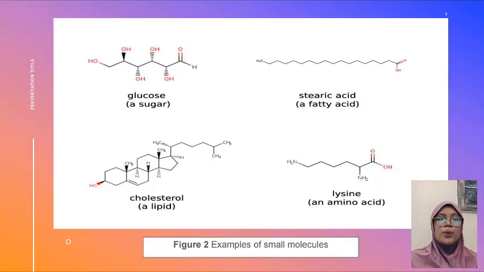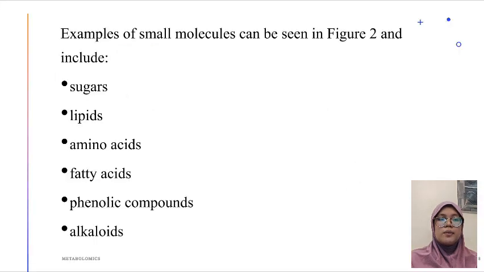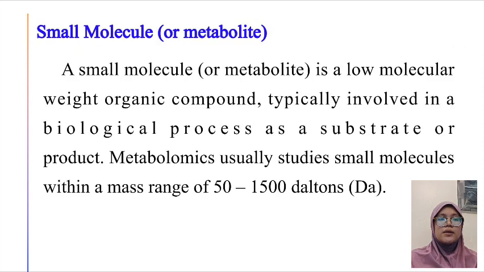In figure number 2, we have here some examples of molecules: glucose, stearic acid, cholesterol, and lysine. Examples of small molecules include sugars, lipids, amino acids, fatty acids, phenolic compounds, and alkaloids.